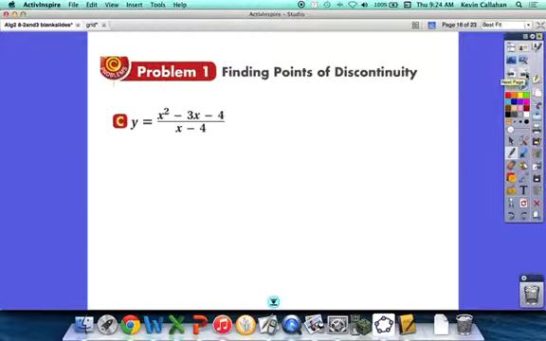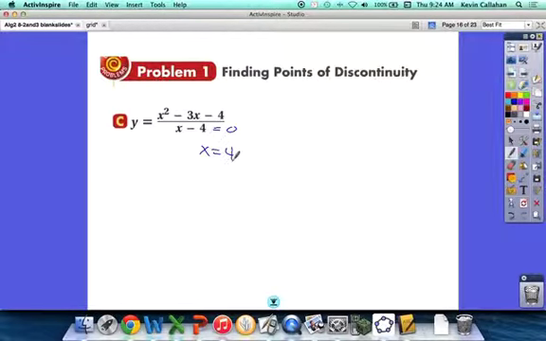The 0 of the denominator. You can see it. Come on. What's the 0 of the denominator? Right. So this time you set that equal to 0. x equals 4.